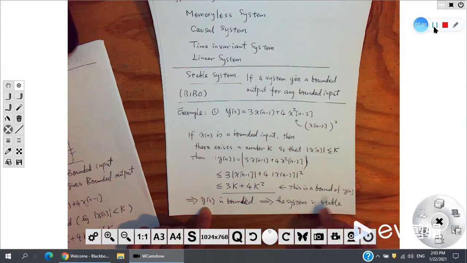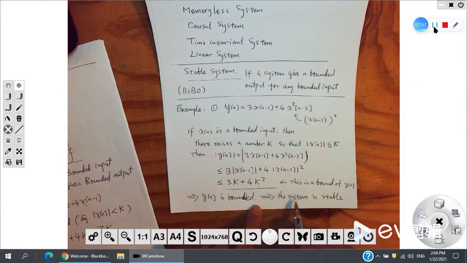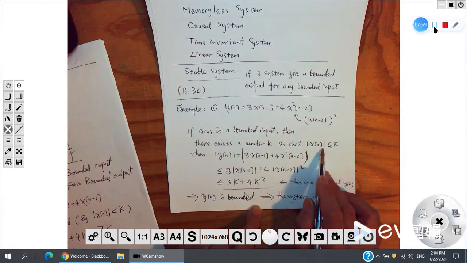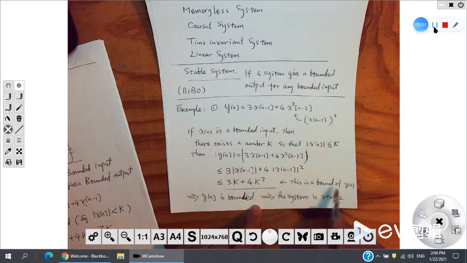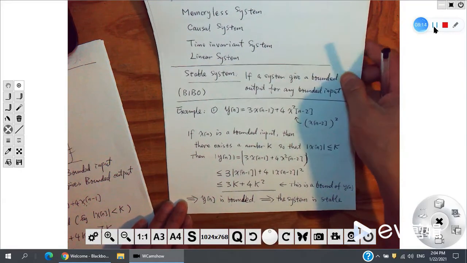You consider a system as stable. You have to consider a lot of signals: for any bounded input, you check whether the output is bounded. But stable is for the system. Alright, then we can check more.